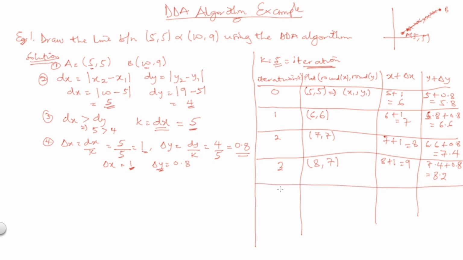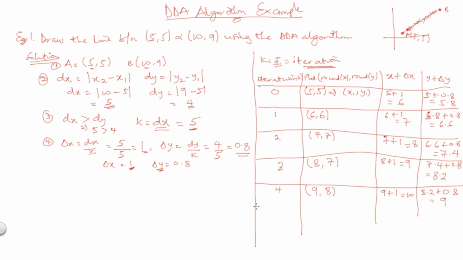So for the fourth iteration, we'll have 9 and 8. That is the rounded value for y. We have 9 plus 1, which is equal to 10, and also 8.2 plus 0.8, giving us 9.